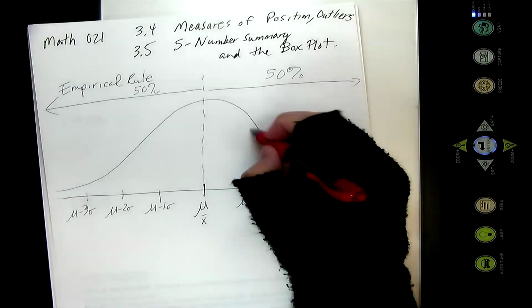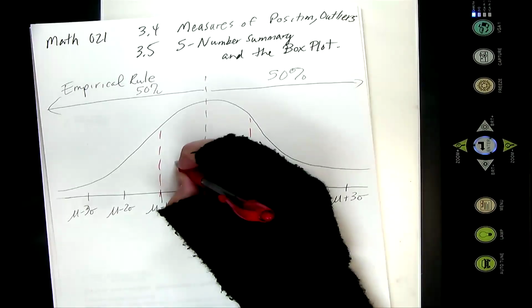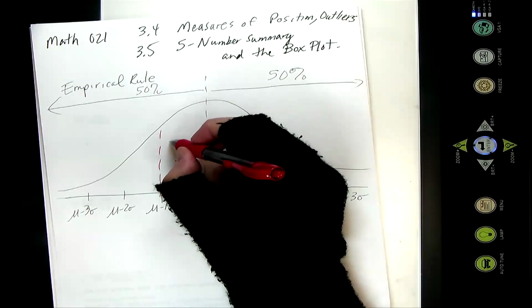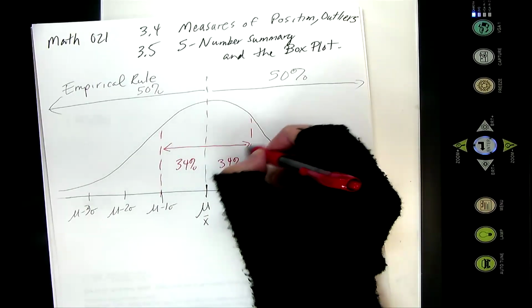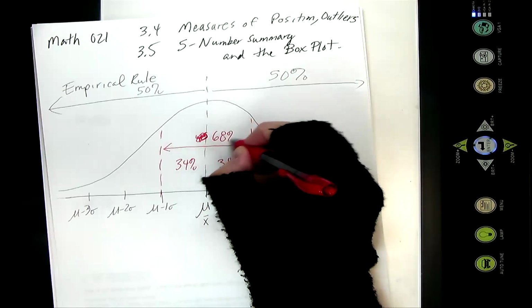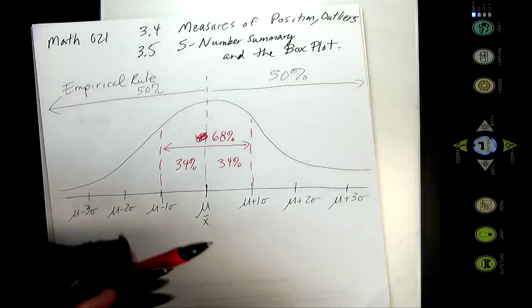When we go over 1 deviation, there's 34% in each of these, which gives us a total reach, if we go left or right one, of 68%. We go another one.